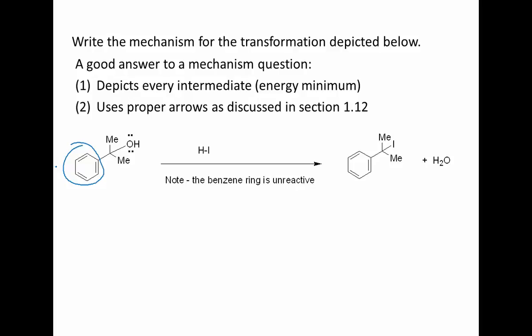Okay, so when you write a mechanism, some important things you want to do is that you want to depict every intermediate, every energy minimum. Not every transition state, but you want to show every reactive intermediate. And you should also be sure that you use arrows in the proper way.